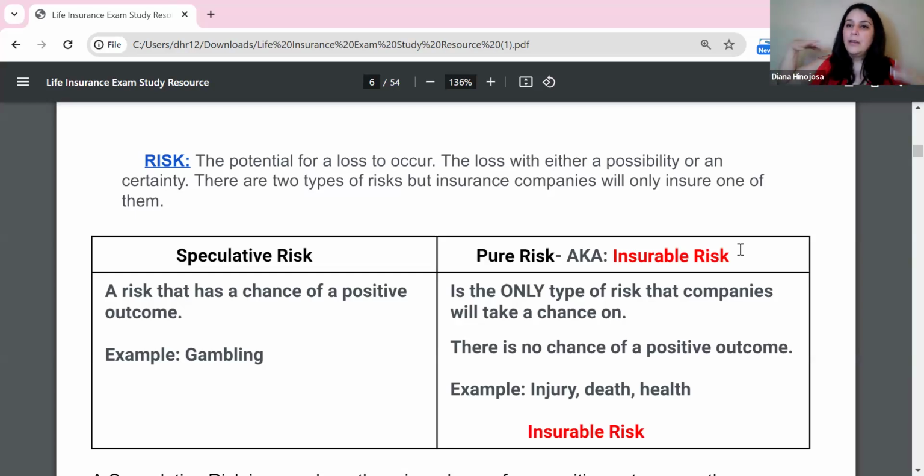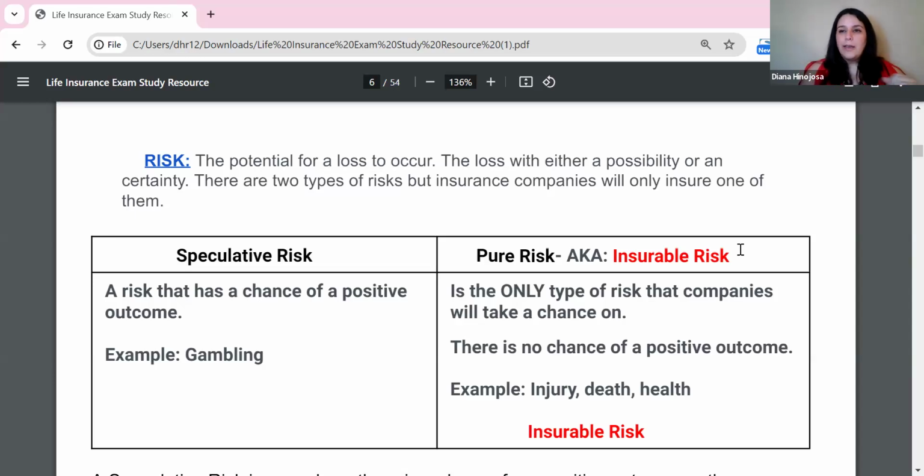And once somebody gets a treatment or a diagnosis like that, it's going to start going downhill, sadly. And as we age, even if people don't get those diagnoses, little by little it starts deteriorating. So we can go ahead and insure our health.